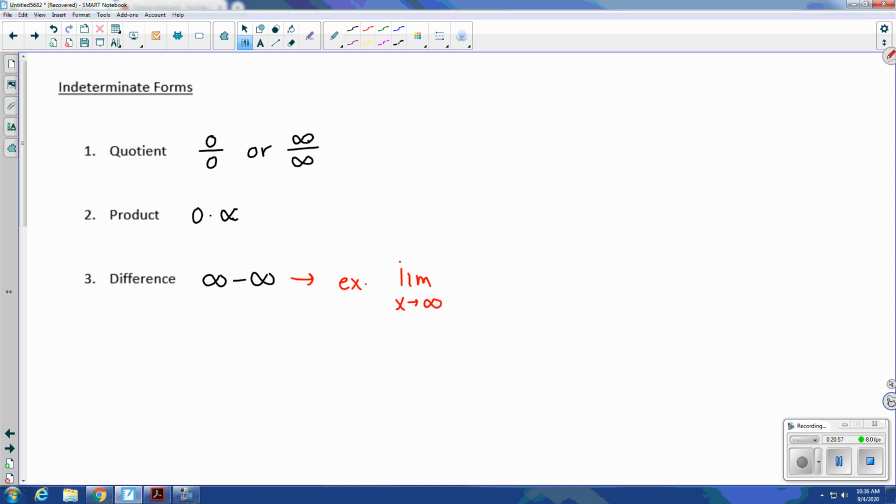So let's do natural log x minus x squared. Okay, so upon direct substitution, as x goes to infinity, the natural log of x also goes to infinity. As x goes to infinity, x squared will go to infinity. So we have infinity minus infinity, and we may want to say, based on our intuition, that, oh, I'm doing infinity minus infinity, that must equal 0.